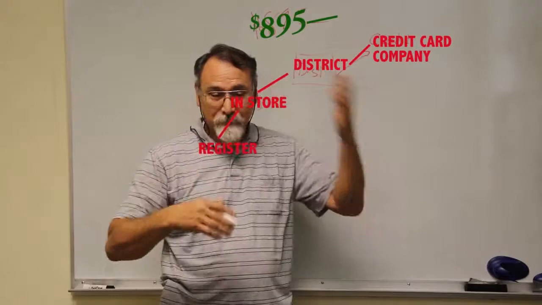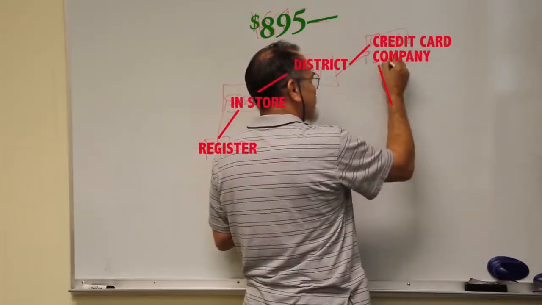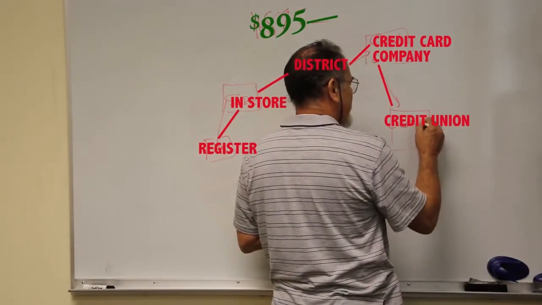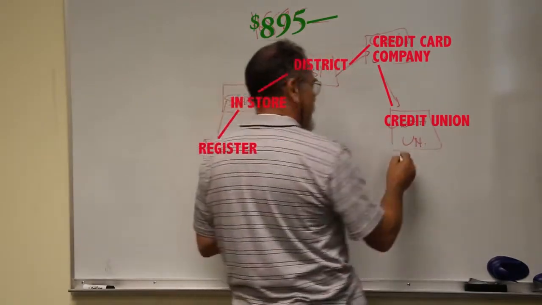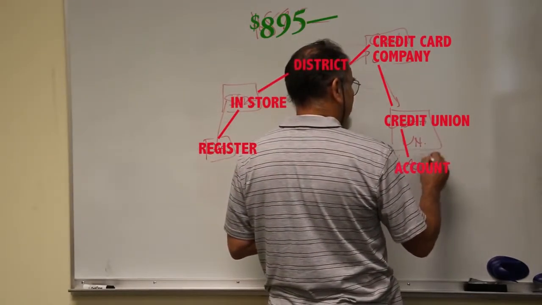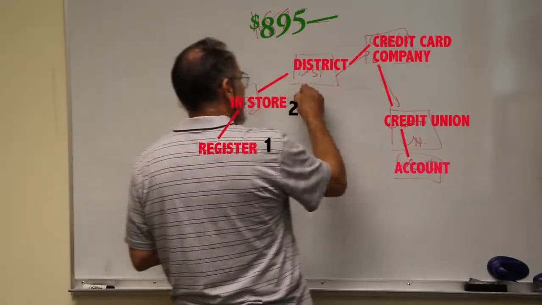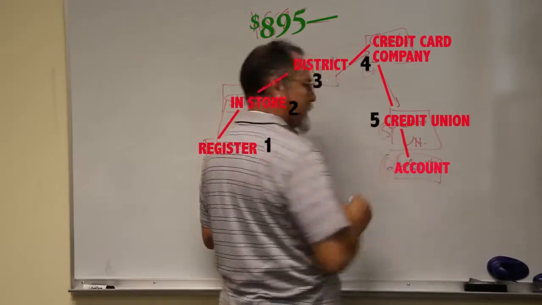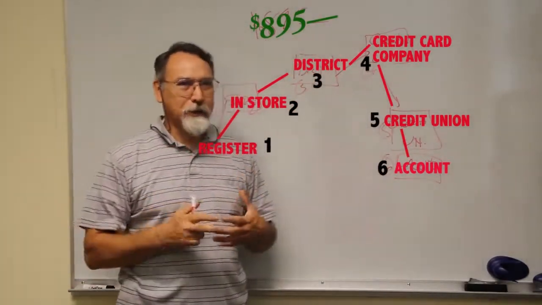For the purpose of this, let's just consider a credit union. So your credit card company is going to check with your credit union. Now, the credit union is going to look at your account to see if you're within balance. So you have 1, 2, 3, 4, 5, 6 different computing elements that have to work together.